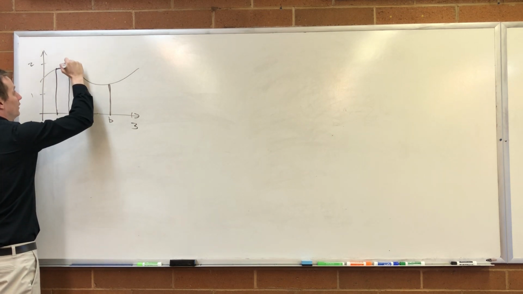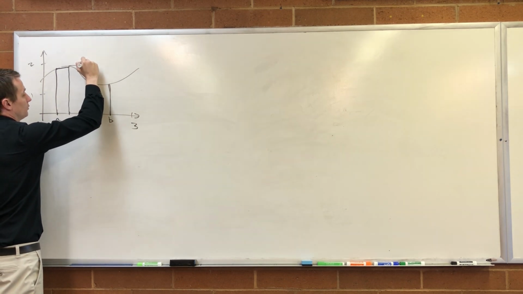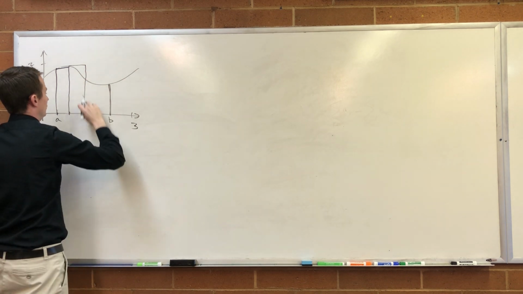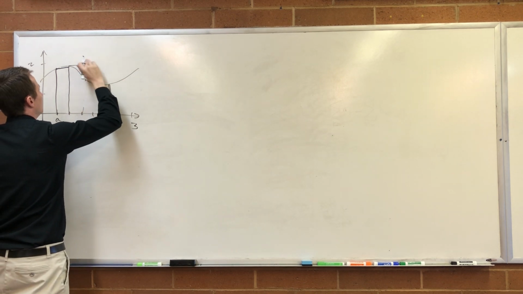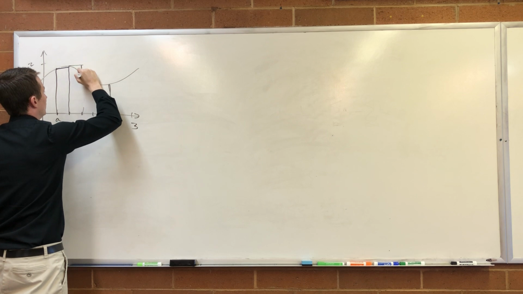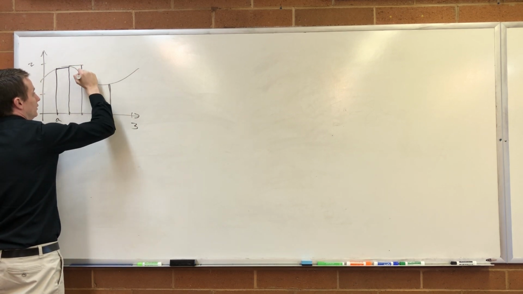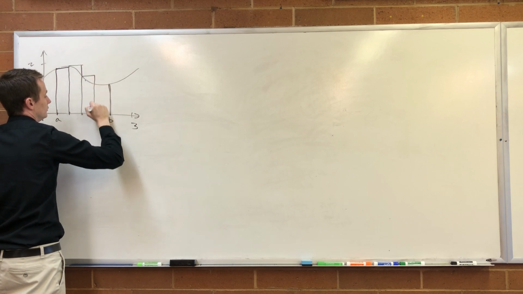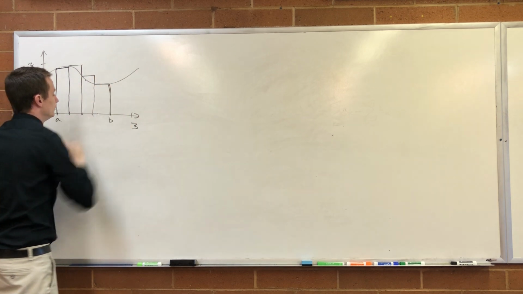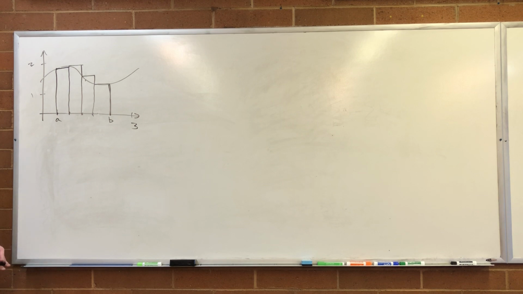So you said this one now comes up right here, so you're saying for this one we use this one. Oops, that was terrible. Hopefully I can draw these a little better. And then for this one, you're saying use this rectangle. And then for this one, use this rectangle. And you chose to use the left-hand point to give you the height. Okay. That's perfectly valid. There's nothing wrong with that approach.